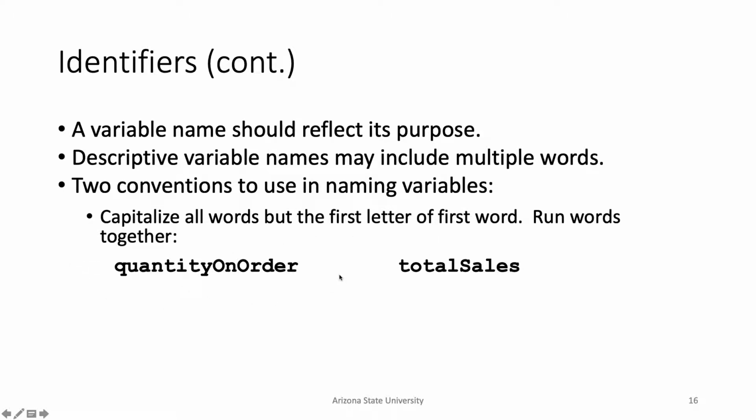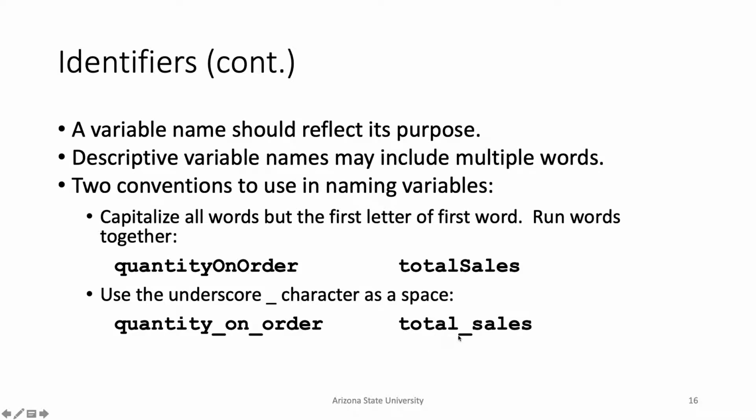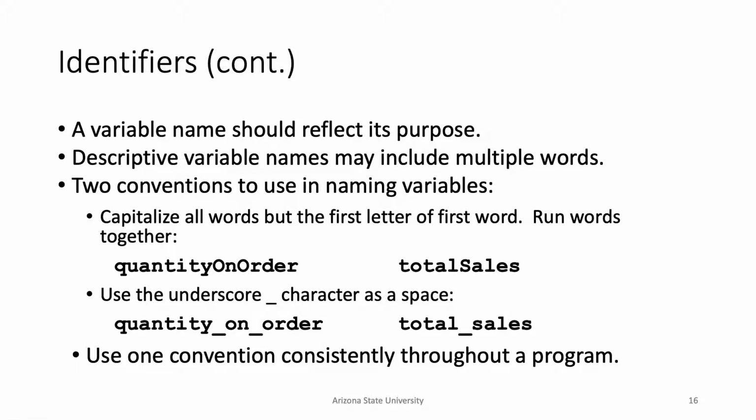This is what is called camel case. I could equally have said capital Q and capital O, if I wanted to, but this is just a convention. Or you can use the underscore character as a space. Could I put an actual space here? No, because it's an identifier name. It has to be one contiguous set of characters without a space in between. But you can achieve a space by putting an underscore there. So use one convention throughout the program.